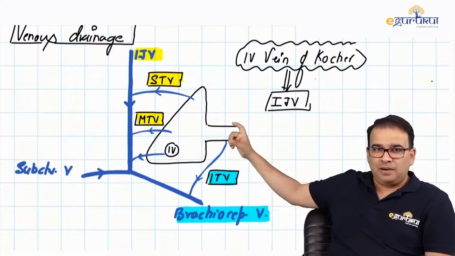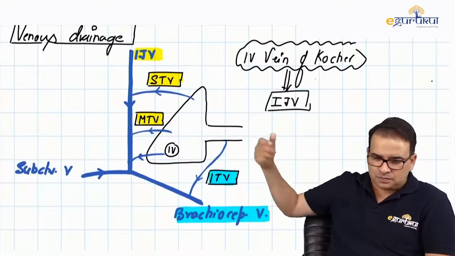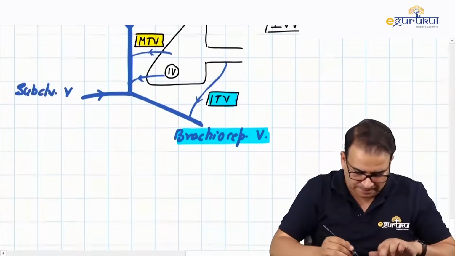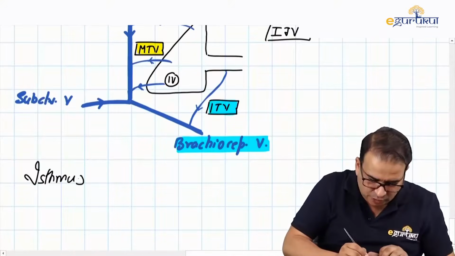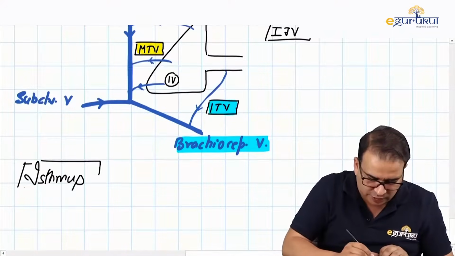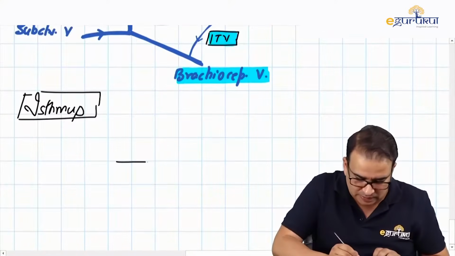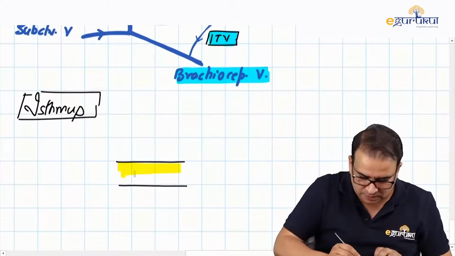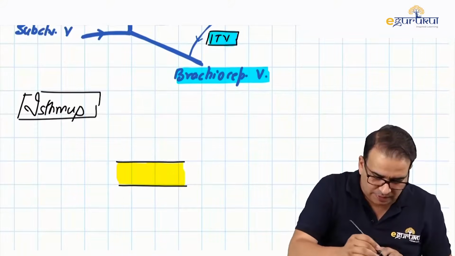So when you look at the upper and the lower border of isthmus, it's better if you write about the isthmus separately, because it's an important question in case of tracheostomy, the structures which can be compromised. So if you look at the isthmus part, present against the second to fourth tracheal ring, we already said that is the isthmus here. Let me add something to it.